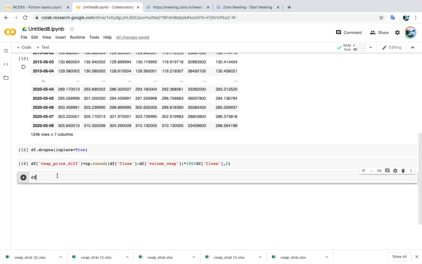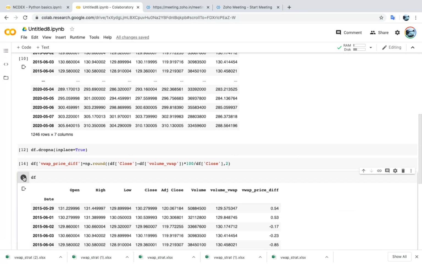So let us see how it looks like now. So now we have open, high, low, close, date, adjusted close, volume, VWAP, and VWAP price difference. These many columns we have, but we are more interested in VWAP price difference and close price. We are not interested in so many columns because we will not be using them.